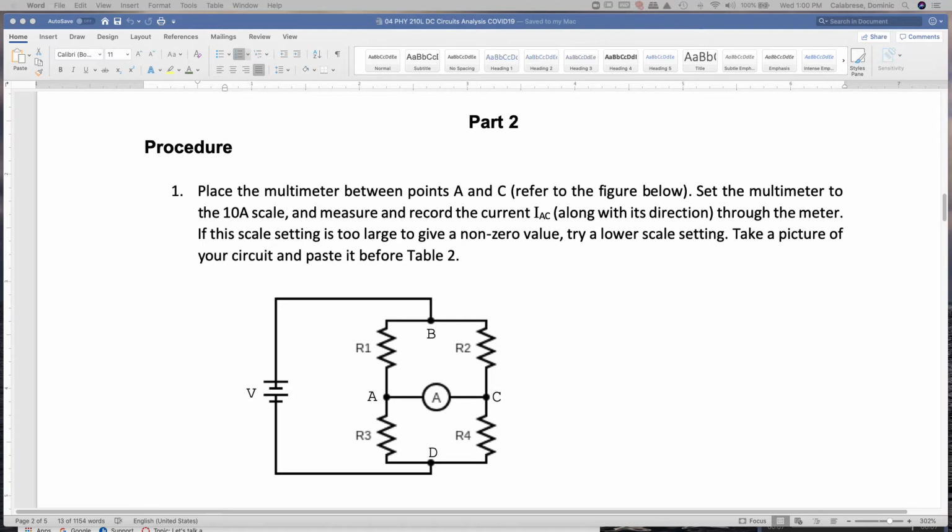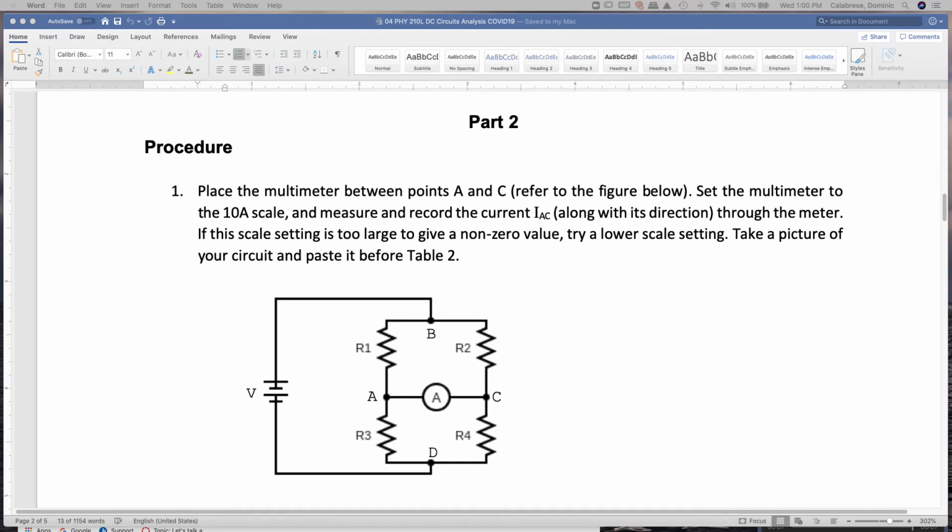So really what you have in this case is R1 and R2 in parallel, R3 and R4 in parallel, and the 2 combinations are in series with each other. And that's the problem I did in class. So I would go back and look at the video.